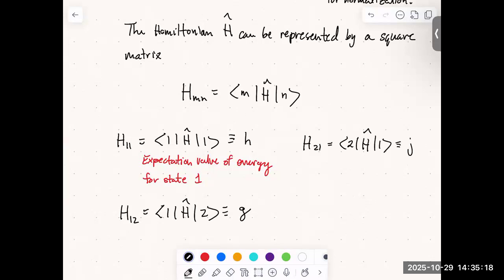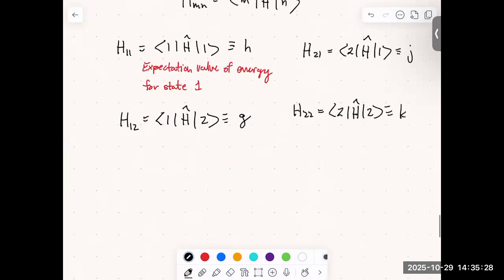I'm going to call that J, and then we have the H22. And that has to be K. We'll just define that. So what we've done is we've constructed this matrix like so. The way I think of this is when we represent our operators as matrices, it's like we've pre-computed all the expectation values.